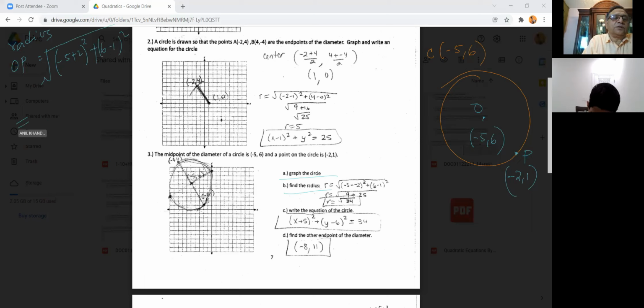That gives you the square root of 3 square plus 5 square. Correct? Yeah. 9 plus 25, which is the square root of 34.